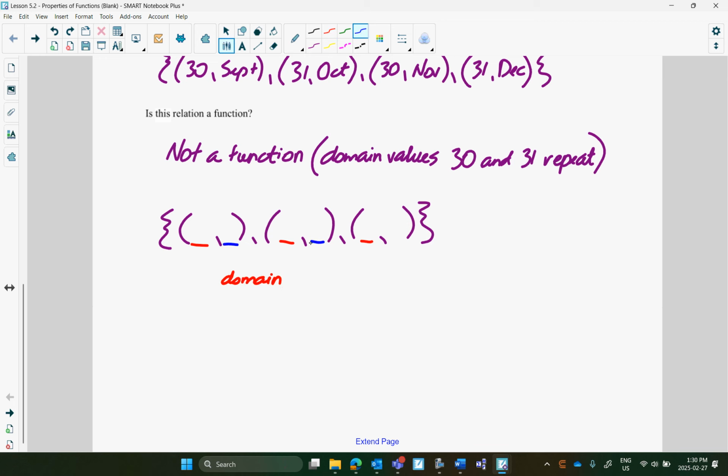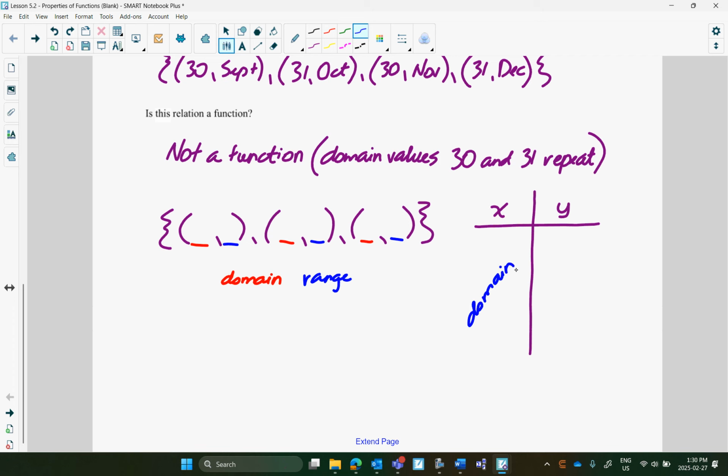The second values will be the range. If the relation is shown as a table, and let's say we have x and y, all these values would be the domain.